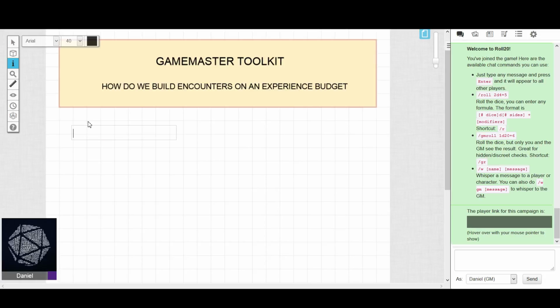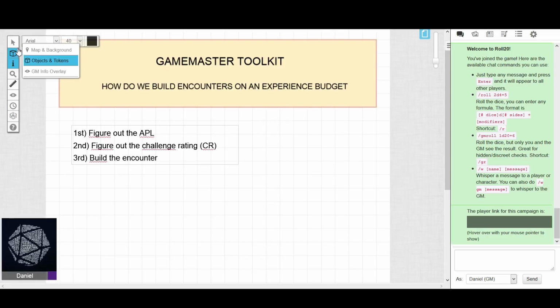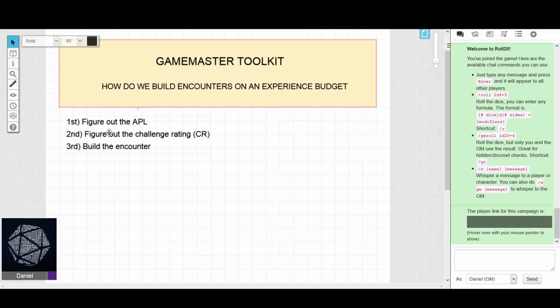Second, once we've figured out the APL, we want to figure out the challenge rating. And third, we want to build the encounter. Okay, so these are the 3 things we want to do to work with this system.